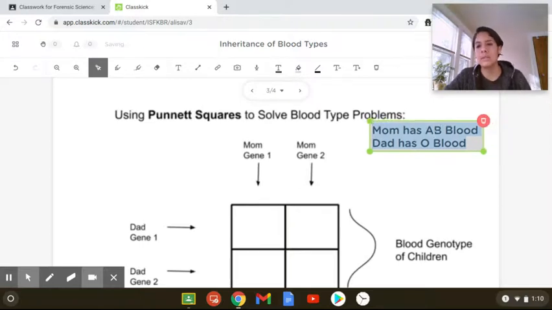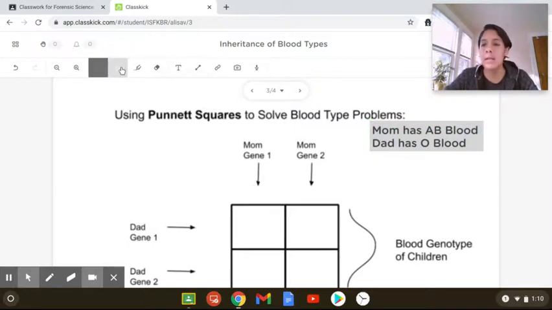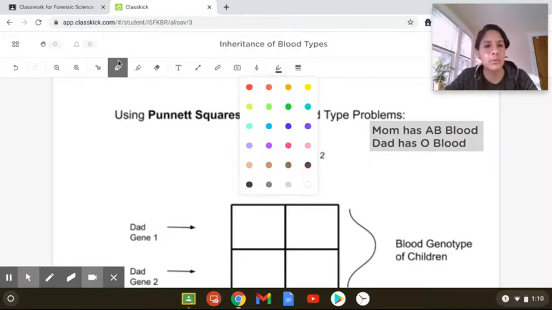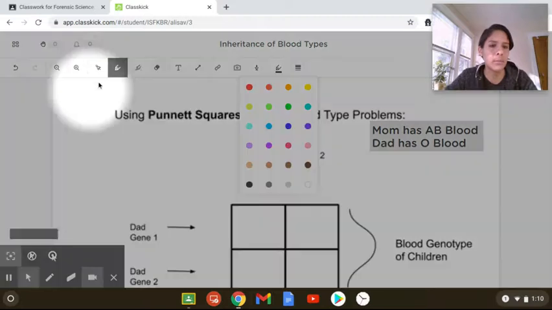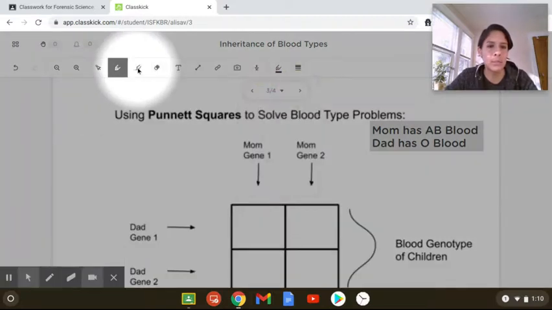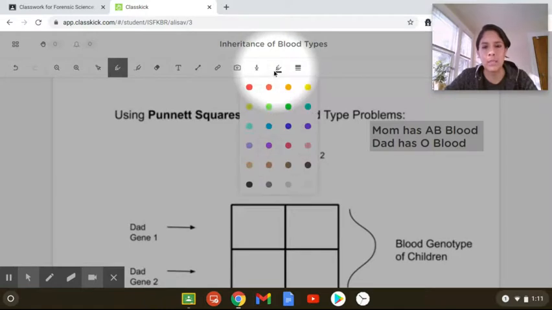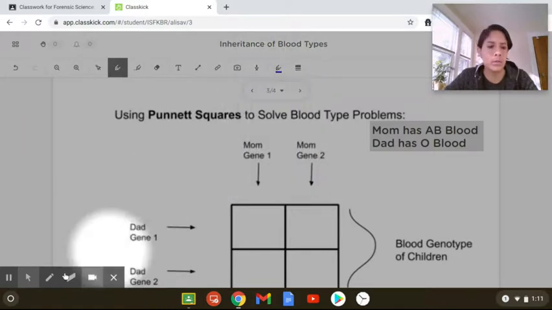So if mom has AB blood, that means she has to have an A and a B gene. I'm going to use the pen tool, which is right next to the arrow right up here. Let me go ahead and show you. This is the pen tool, and to change its color, you just hit this and you can change it to whatever color you want.